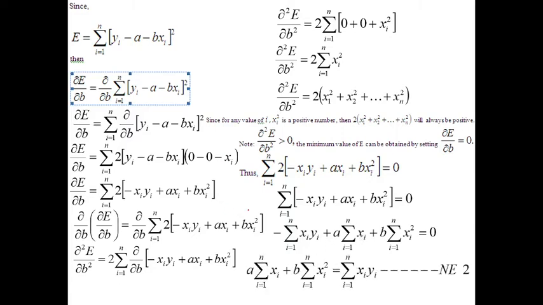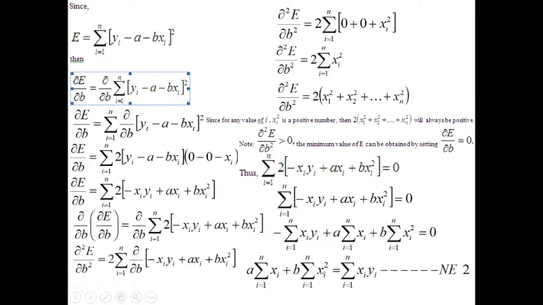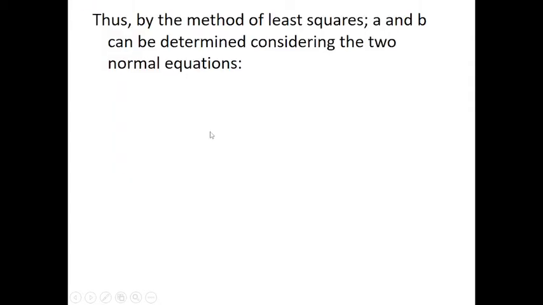So, transpose natin ito sa right side. Okay? Tapos ito magre-retain sa left side. Ito na ngayon yung second normal equation. Ayan. Okay? So, that is our second normal equation, obtained applying the method of least squares.